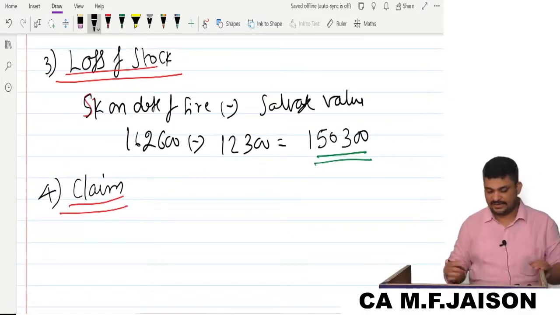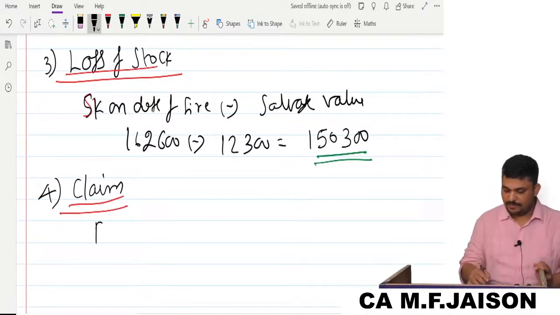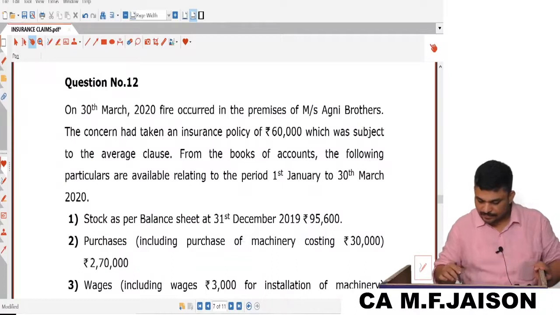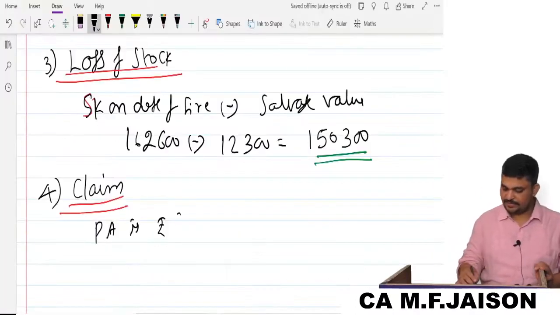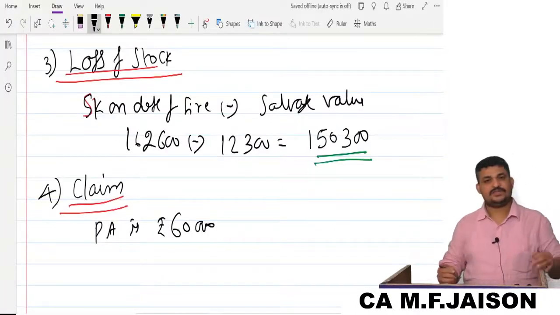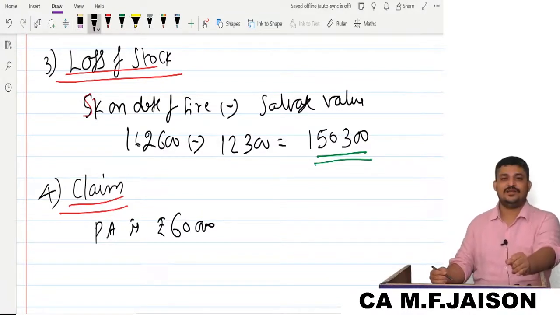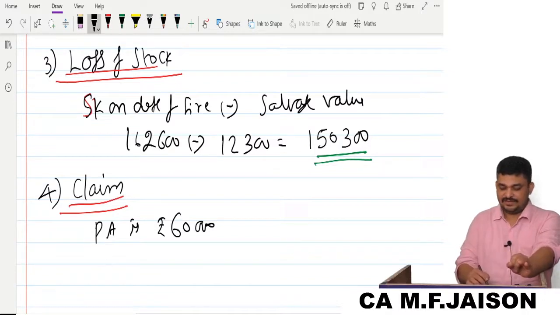As far as the claim is concerned, the policy amount is rupees 60,000. First of all, we know it is a partial loss. We presume that the policy mentions the average clause, and third, it is underinsured.